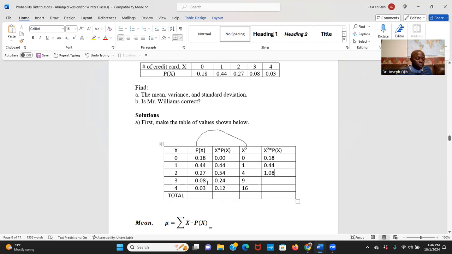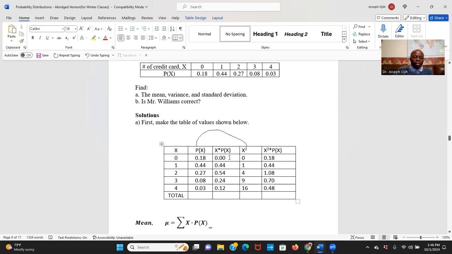9 times 0.08, I got 0.72. I got 16 times 0.03, I got 0.48.